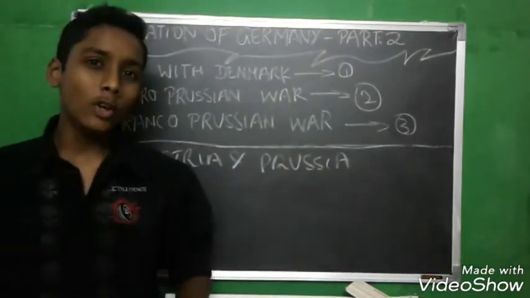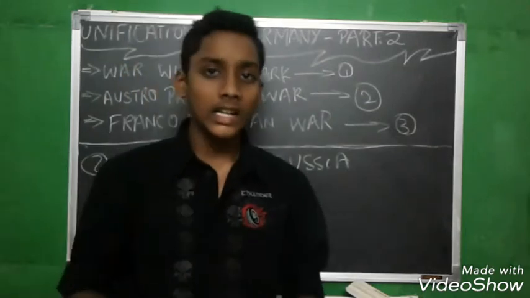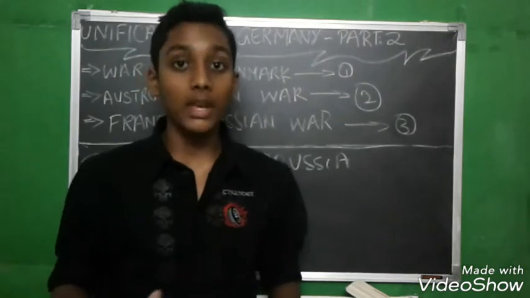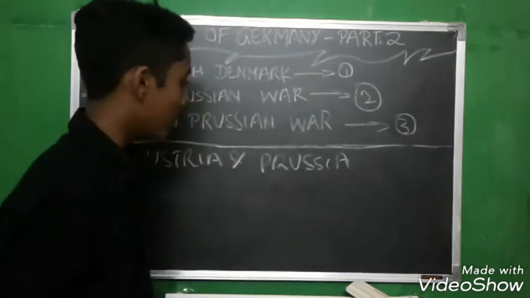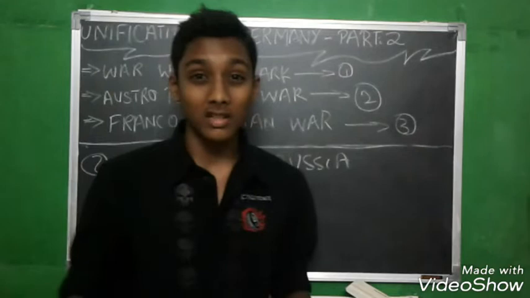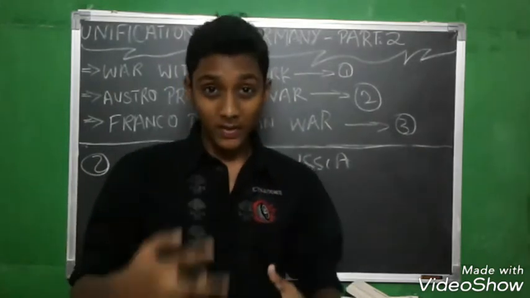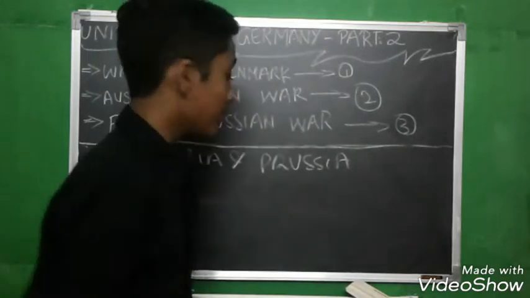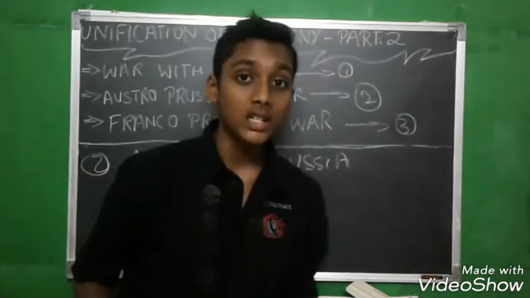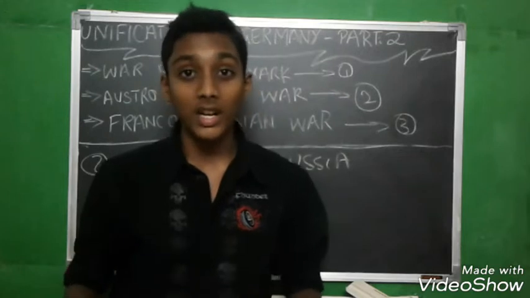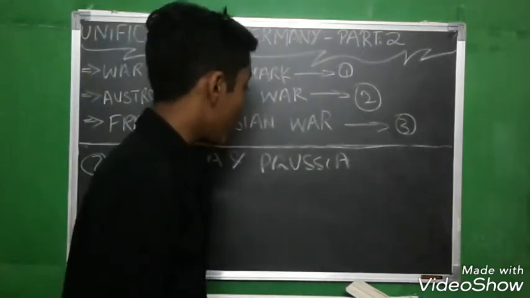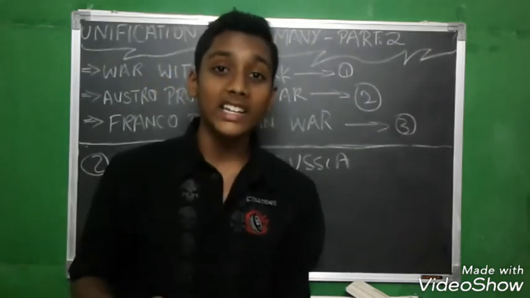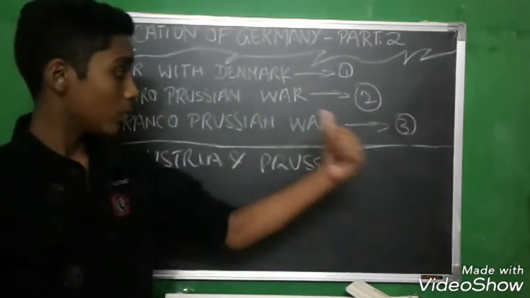In the olden days, when two kingdoms fought, a third kingdom would get involved and finish the two. So if two kingdoms fight, the third would get involved, and it would cause a lot of disturbance. Bismarck knew this, and he went to France, which was one such neighboring country to Prussia. Bismarck said that he wanted neutrality in the Austro-Prussian War.